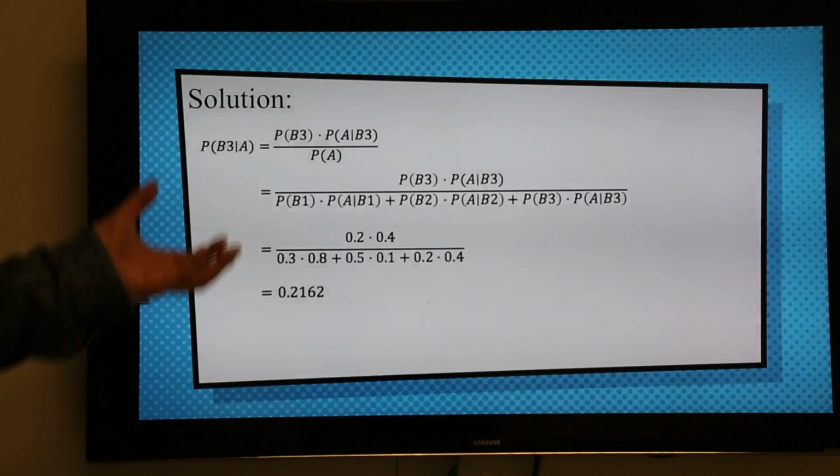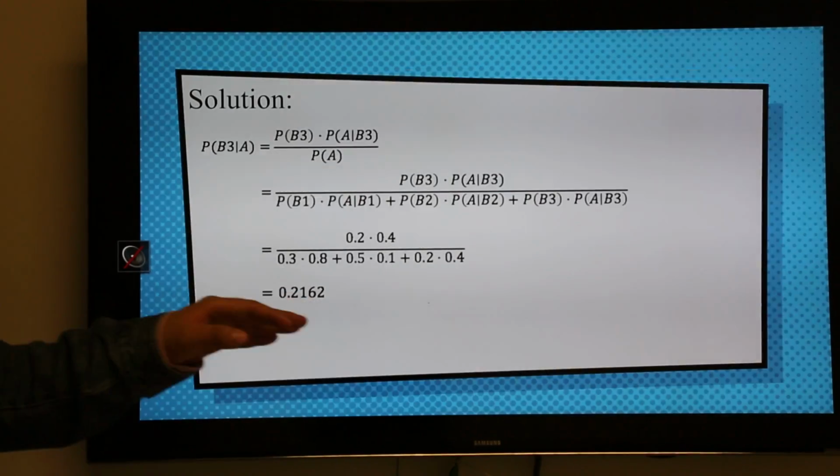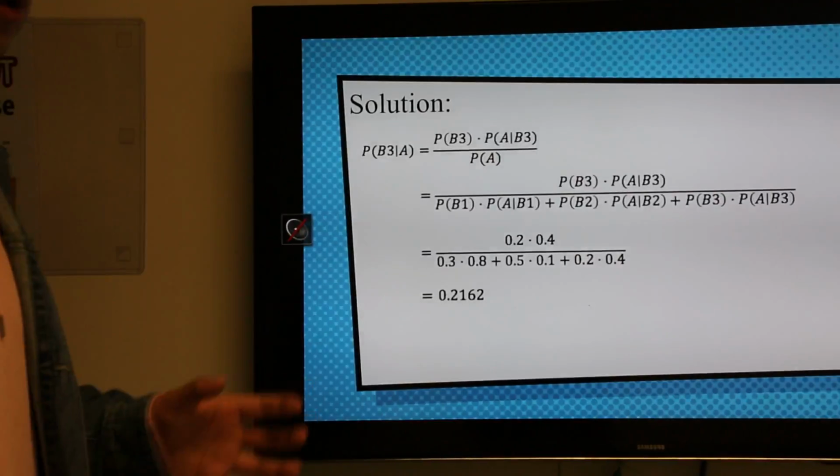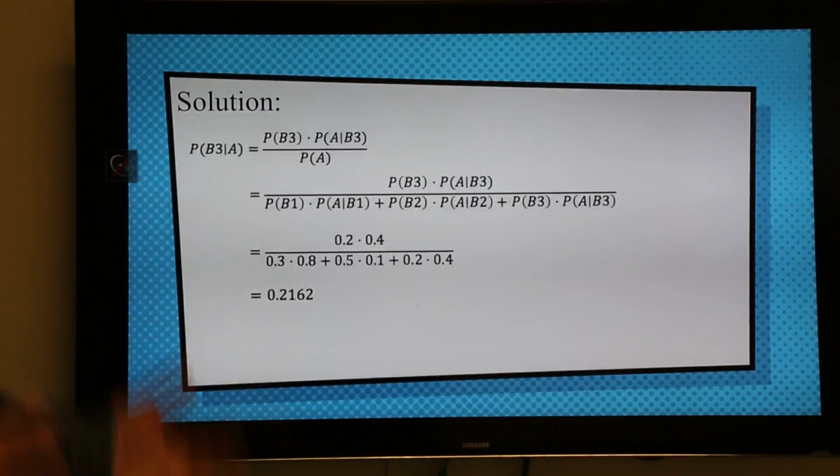We have no other numbers, and finally we have calculated the answer, which is 0.2162.